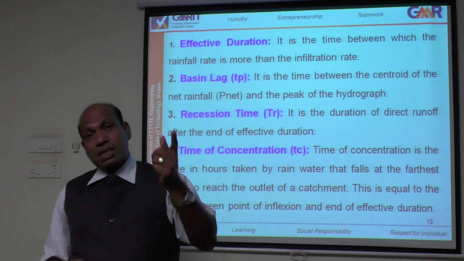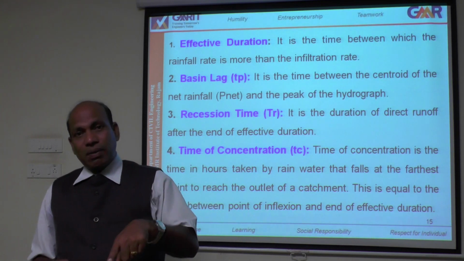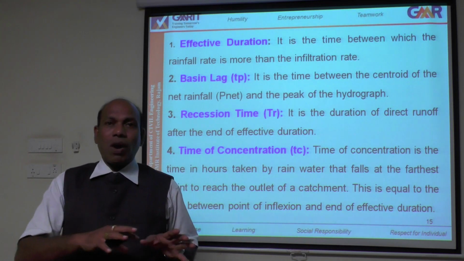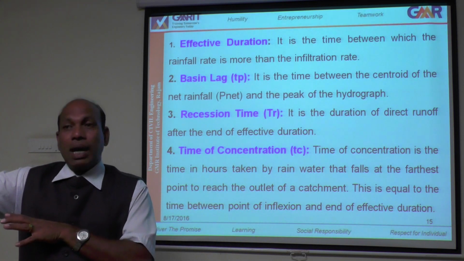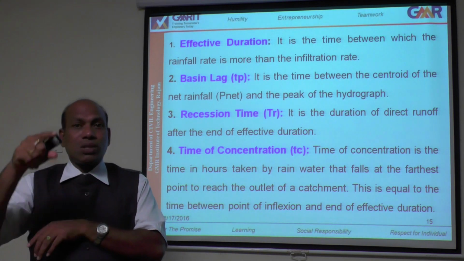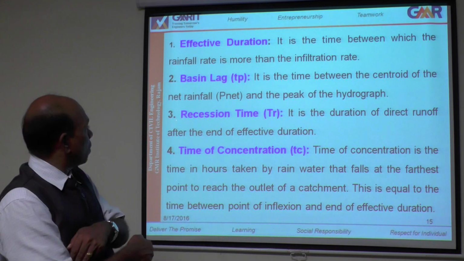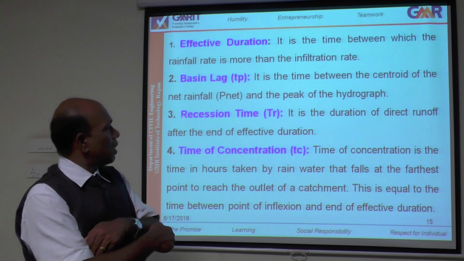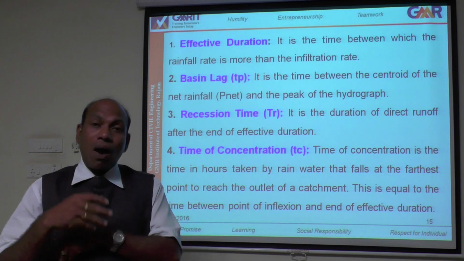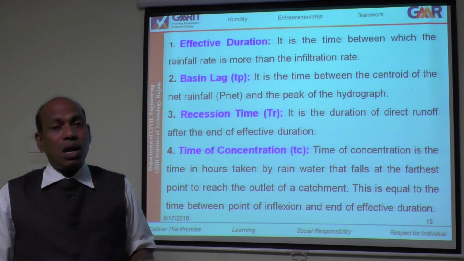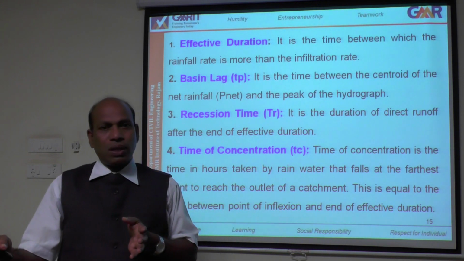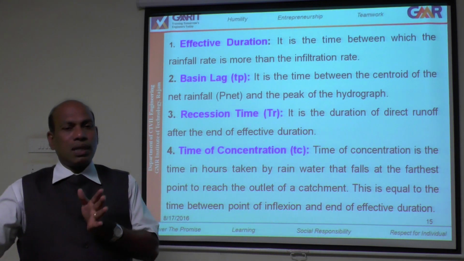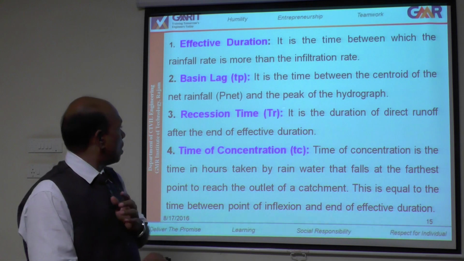After the end of that, 7 plus 3, 10 hours, some quantity of water still flows above the ground surface up to a certain time. The duration of that direct runoff is known as recession time. That means after the end of the effective duration, even though water flows above the ground surface, that direct runoff duration is known as recession time.